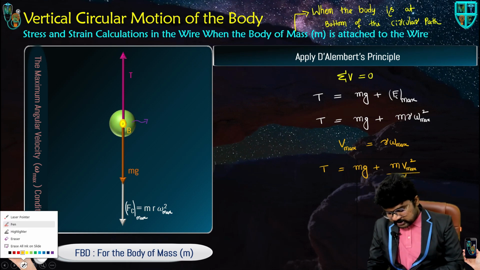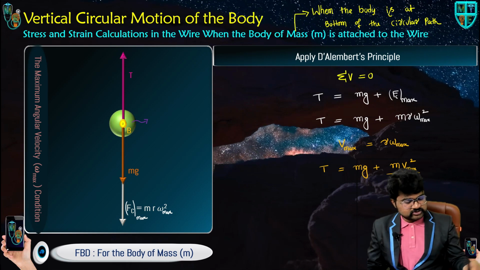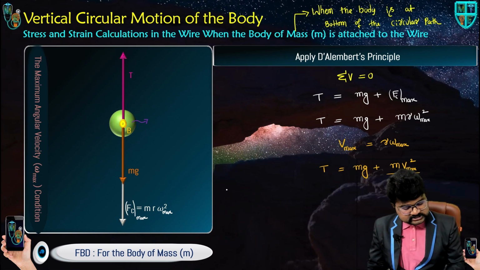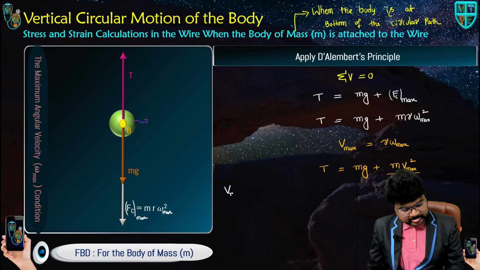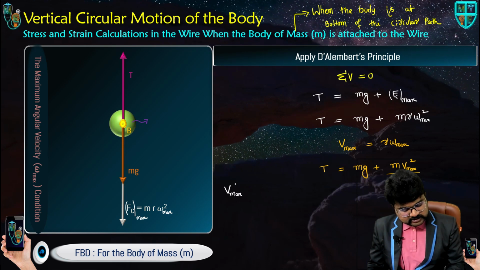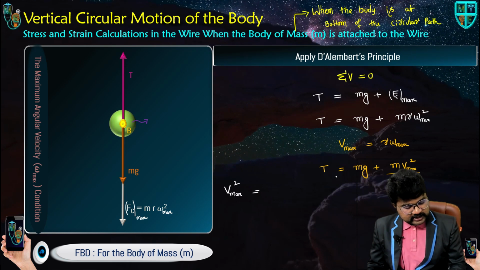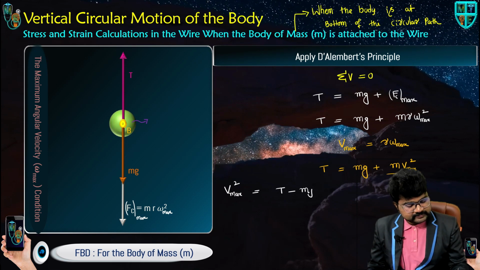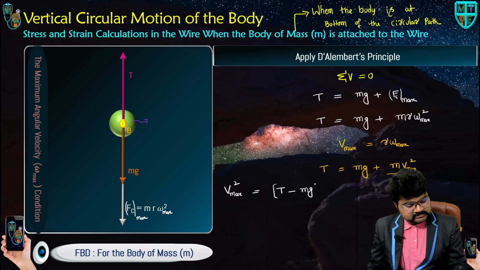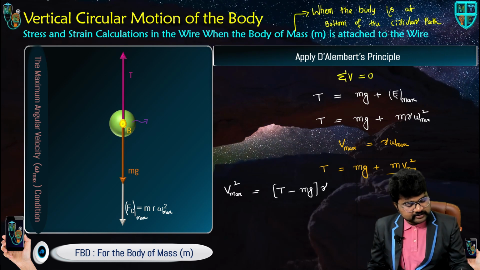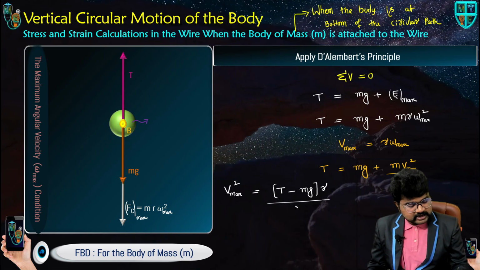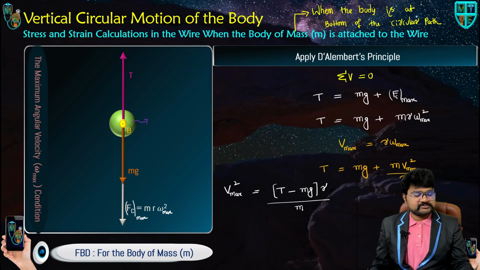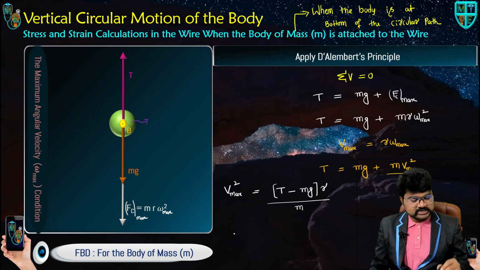Understood na? So now tell me what is V maximum square or else omega maximum square. That is up to you. What is V maximum square? V maximum square equals T minus mg into r by m.